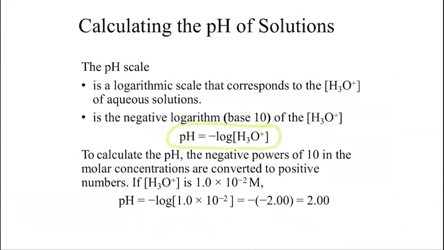Now, understand that the concentration of hydronium is the same thing as the concentration of H plus, okay? So when you are doing problems, if it says hydrogen ion concentration or hydronium ion concentration, we are referring to the same thing.